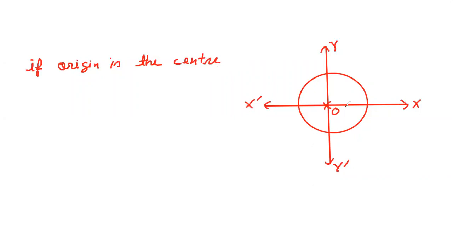what is the coordinate of the origin? 0, 0. The coordinates of the center are 0, 0. If the origin is the center, then what is the equation? Here h is 0 and k is 0.